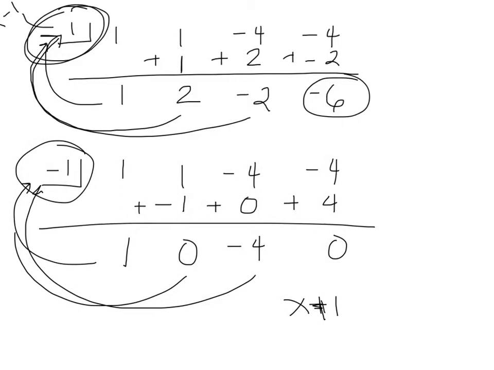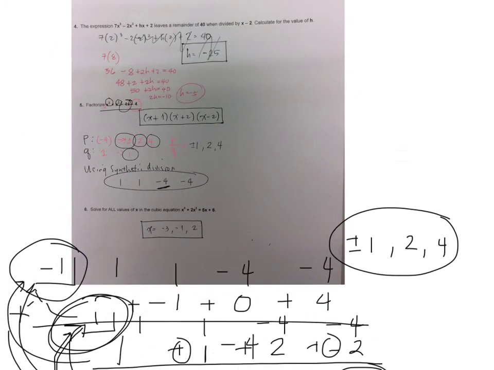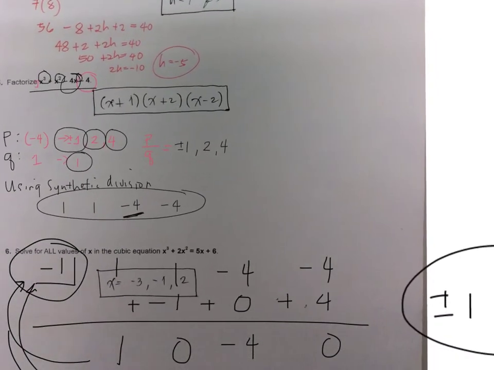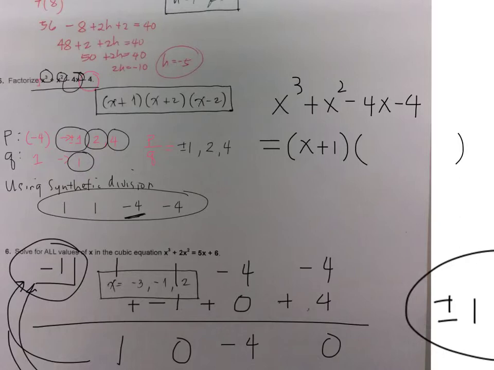Okay, so from the given, x cubed plus x squared minus 4x minus 4, we found out that x plus 1 is a factor because minus 1 worked. So this should be equal to x plus 1 times another set of expression. So where are we getting this set of expression?